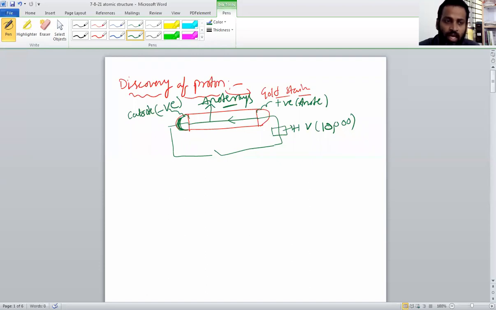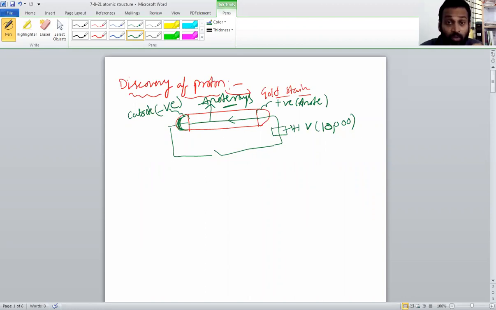Full opposite. Cathode rays deflect towards the south pole in the presence of an external magnetic field, but anode rays deflect towards the north pole. We have to remember all these things. These are the most important things.